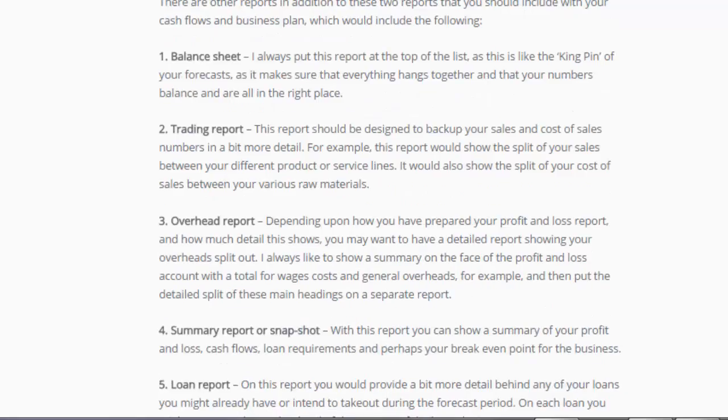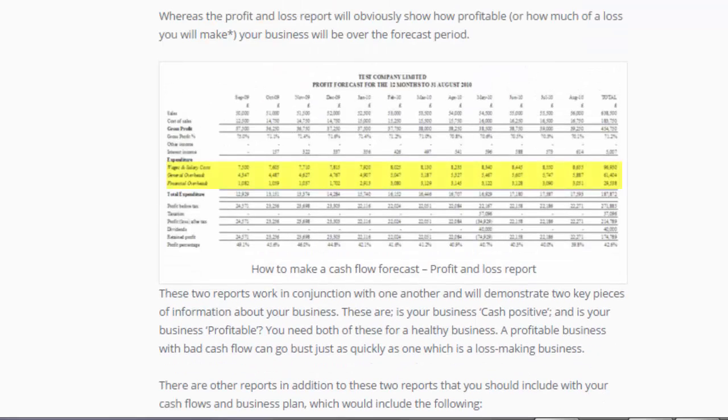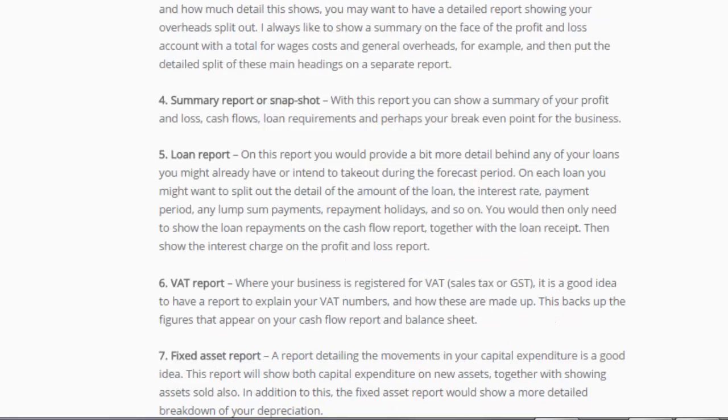It might show a total of your general overheads, and then maybe your financial overheads and perhaps your depreciation. And then the overhead report would detail those in much more detail. So your general overheads would then be broken down between rent, rates, light, heat, telephone, etc. And then that total will be shown across onto the profit and loss account.